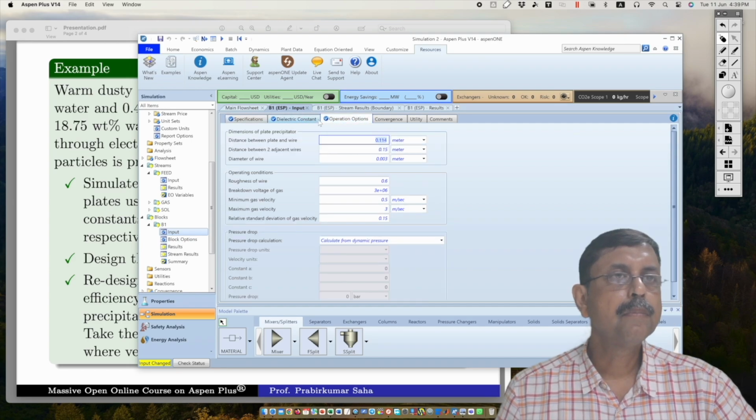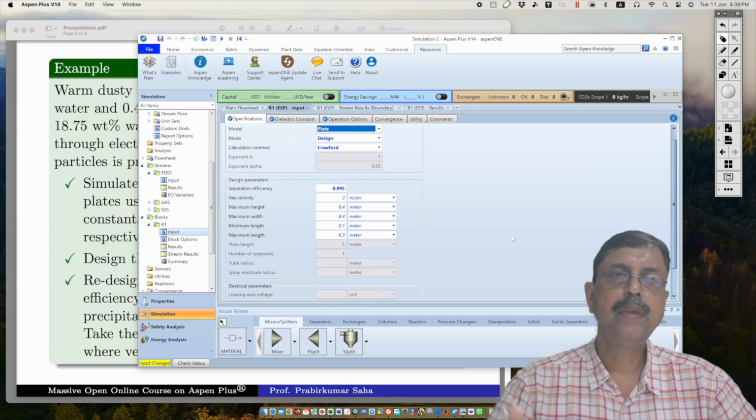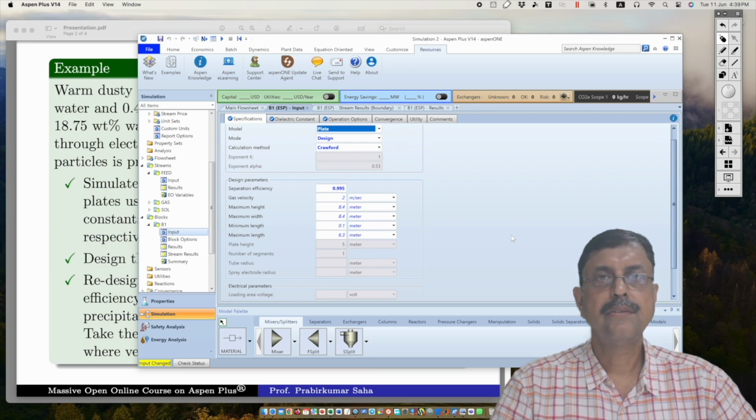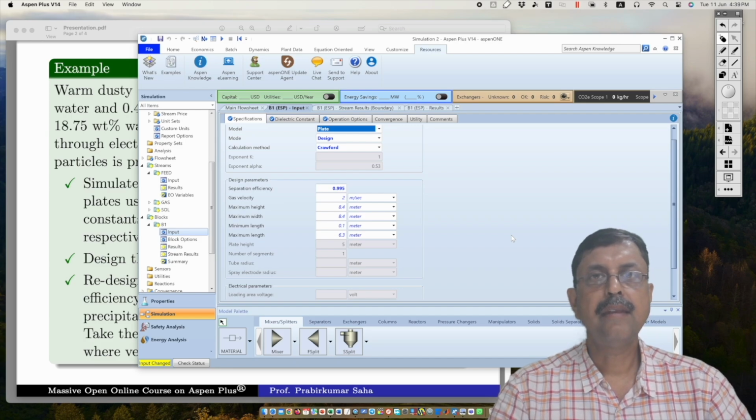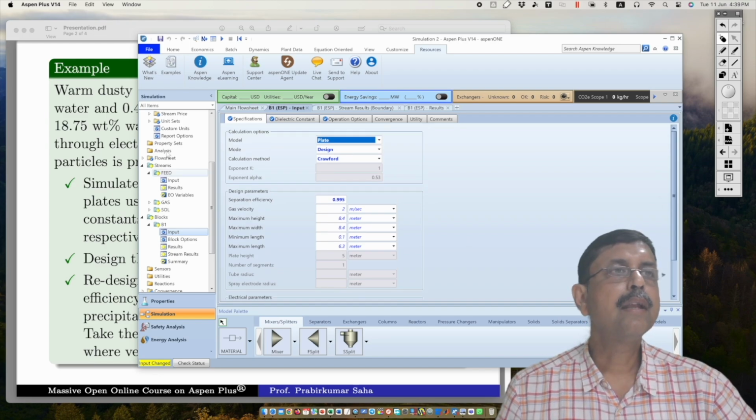The operation options, dielectric constant, and some new design parameters have been given, like gas velocity, maximum height, maximum width, etc. So we keep them as they are. So let Aspen design the ESP based on whatever default values it has taken. Now let us run the process.